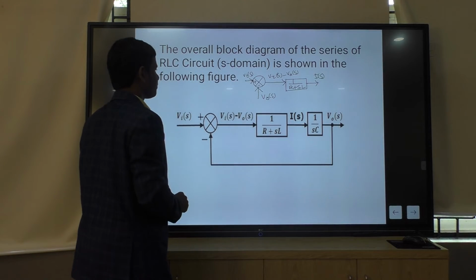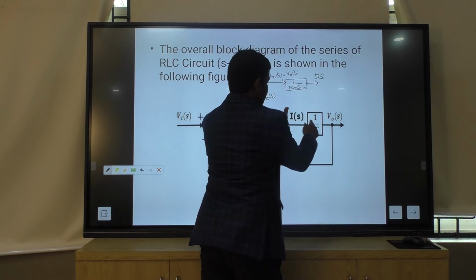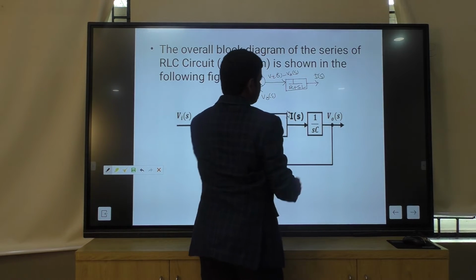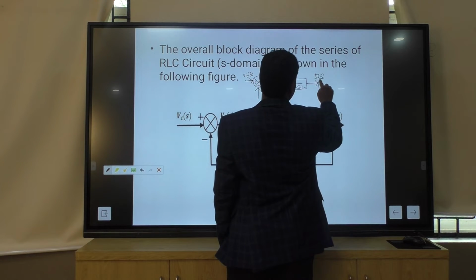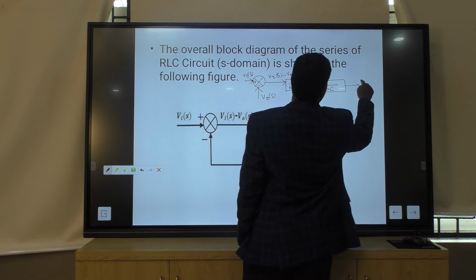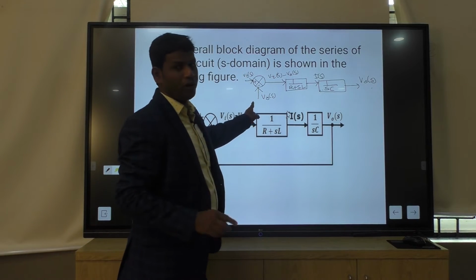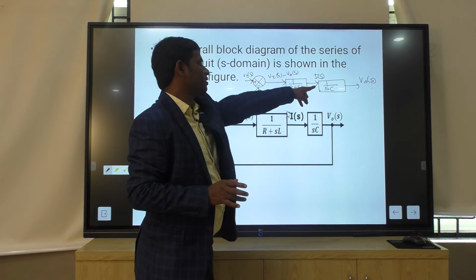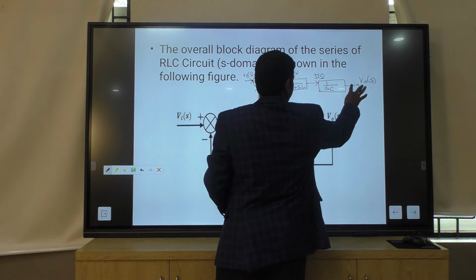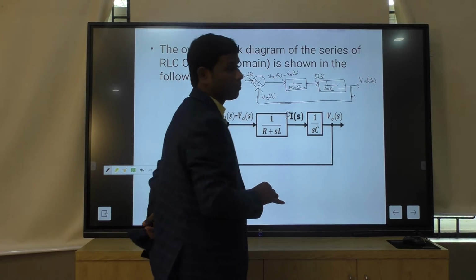So what is the second diagram? The second diagram is this part: IS as input to a block 1 by SC, with output V naught S. So this is IS here, this is 1 by SC, and the output is V naught S. This output V naught S is connected to the summing point.